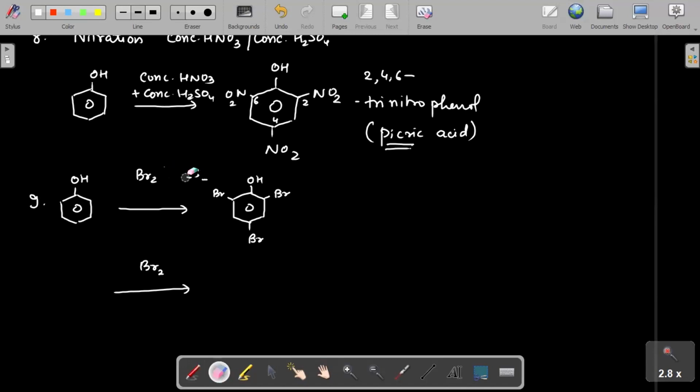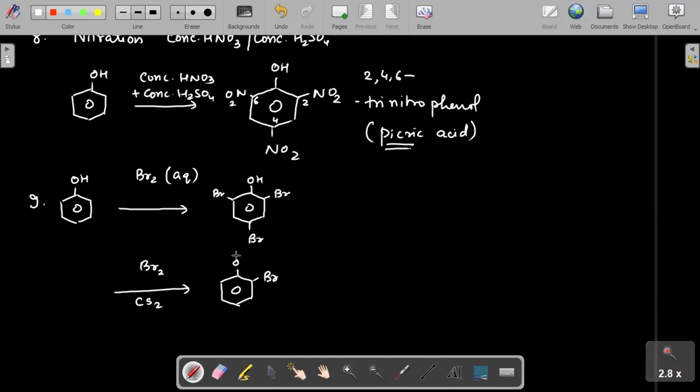This bromine is taken in aqueous medium, not the non-polar solvent. In aqueous medium, we get the tribromophenol. Okay, but if we are using bromine in non-polar solvent like CS2, then we get monobromophenol, mono derivatives.